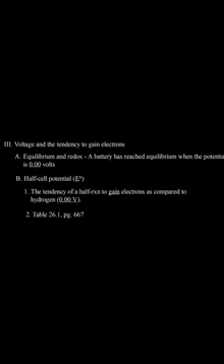Well, let's take a look at the relationship between the tendency to gain electrons and voltage. All right, what I'm going to show you in just a second is known as a table of reduction potentials. What this table shows is the ability of something to be reduced as compared to hydrogen. So notice that hydrogen is way down here.